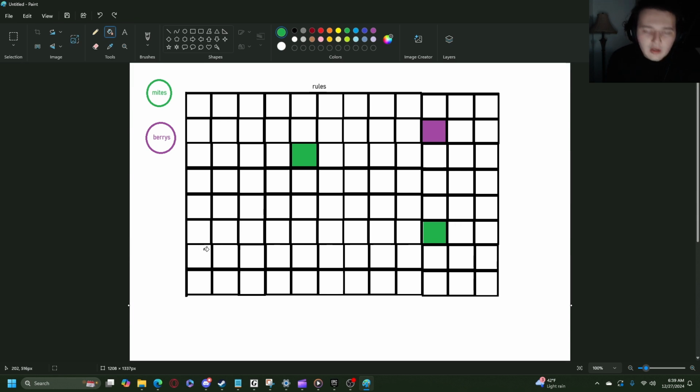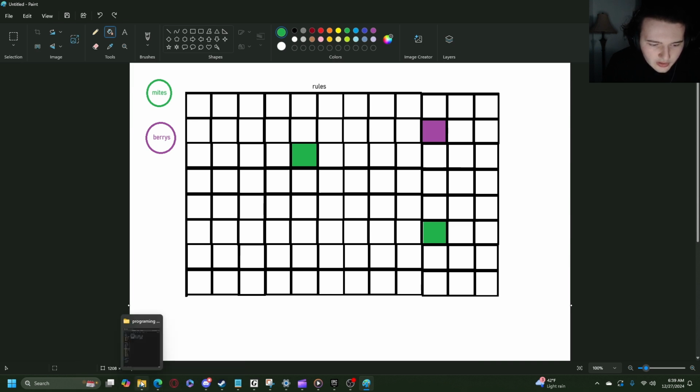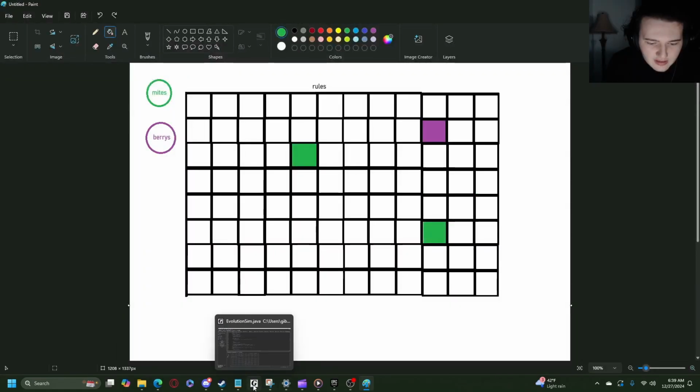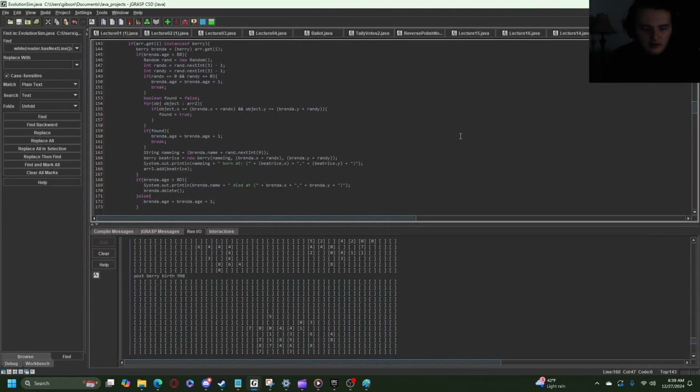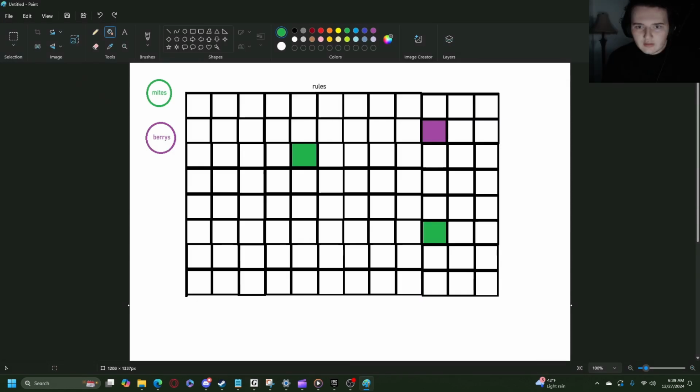So one of the interesting things that we saw in early iterations of the game, which still can be shown, is that after a million iterations or so, or however many you want to do, the berries will still be remaining, and they will not take up every square.